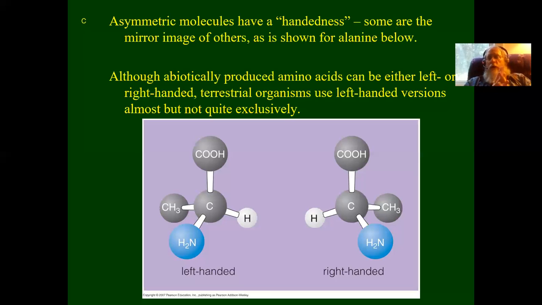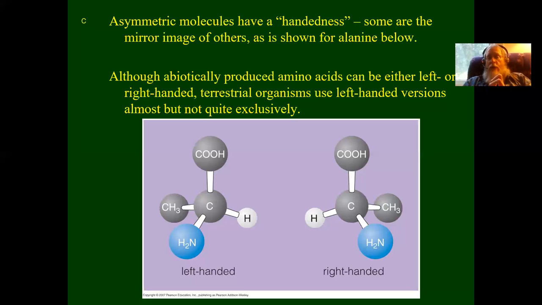But anyway, this is important. So let's say that tomorrow a flying saucer lands in front of you and some little green whatevers come out and say, hey, we're having lunch. Come on, join us. We got burgers. We got fries. Come on. It's a great lunch. Before you accept that invitation, find out if their biochemistry uses left or right-handed amino acids.